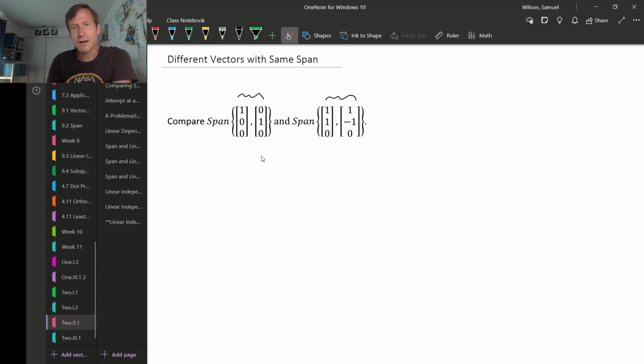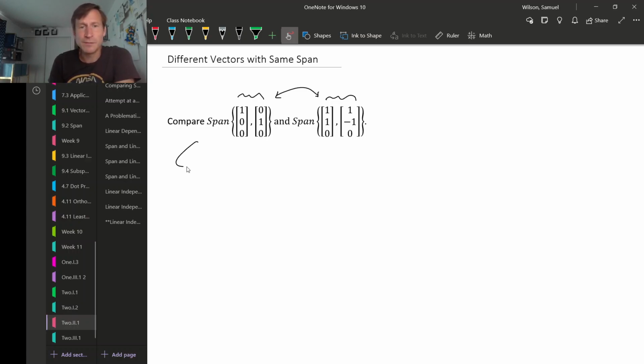So let's take the opportunity to see how we could check if these two spans are actually the same subspace or different. The first thing we need to do is write down what each of these sets is. To check if these two sets are equal, we're going to have to dig into their definitions.